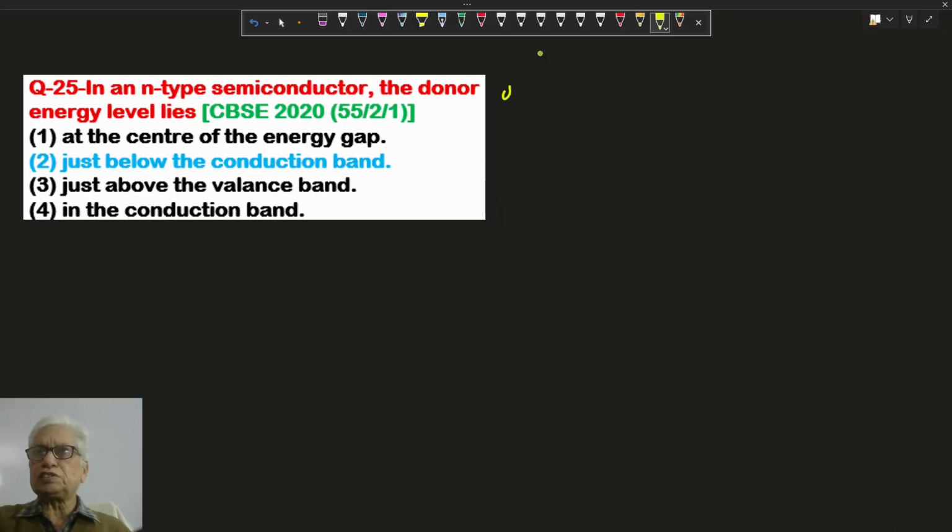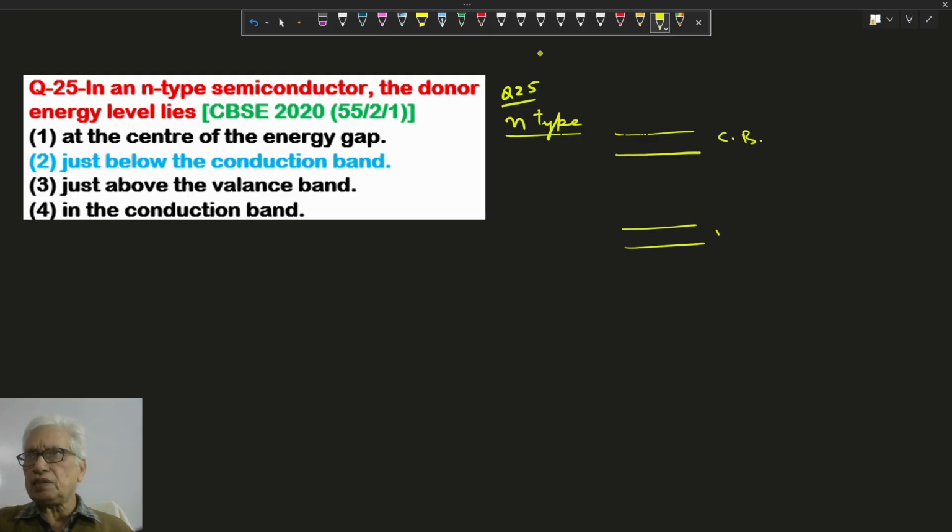Hello, in this question, N-type semiconductor. We are getting an N-type semiconductor by adding impurity atoms, donor atoms, to a pure intrinsic semiconductor. So these are pentavalent impurity atoms. After this, the N-type semiconductor band diagram is something like this: conduction band and valence band. The energy gap between conduction and valence band is 1.1 electron volt for silicon and 0.72 for germanium.